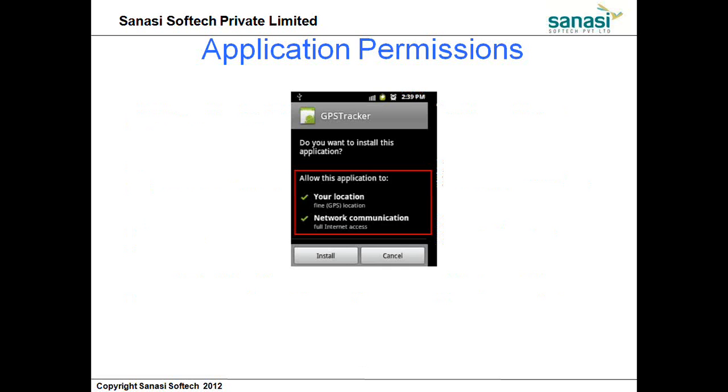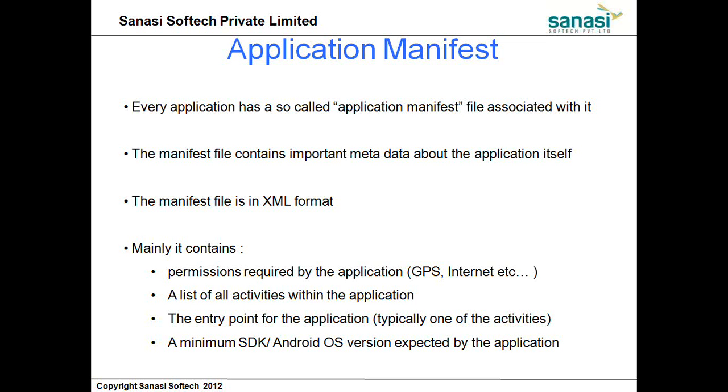The next concept that we need to understand is called the application manifest. So what exactly is the application manifest? Every application has a so-called manifest file associated with it, and inside the manifest file is a lot of important metadata about the application itself.